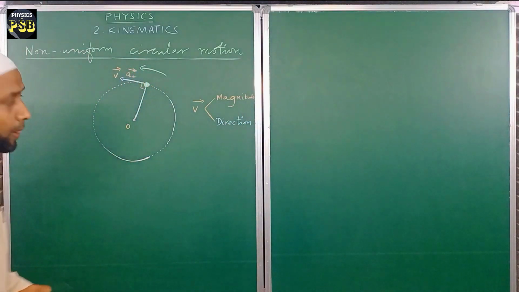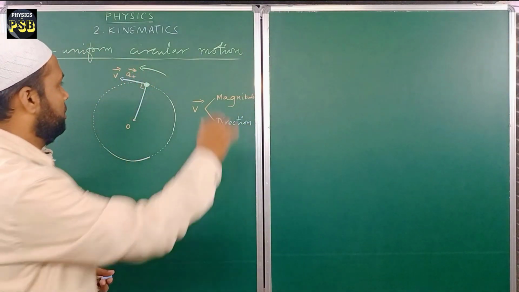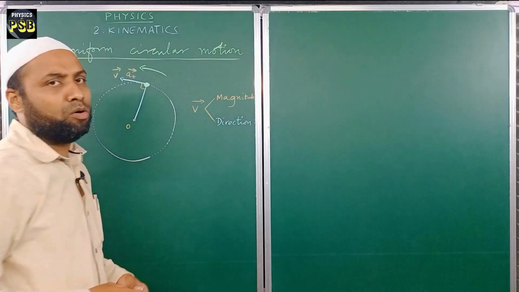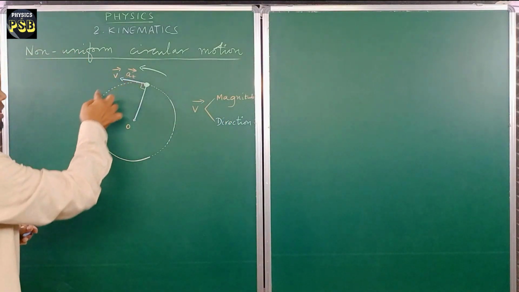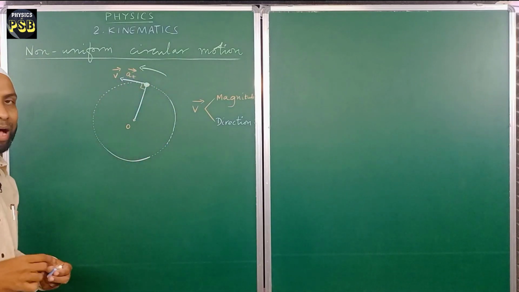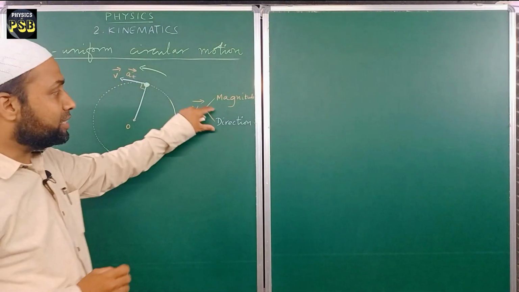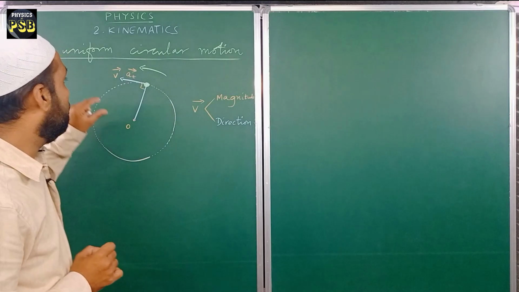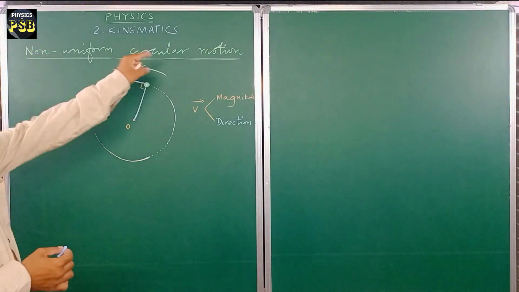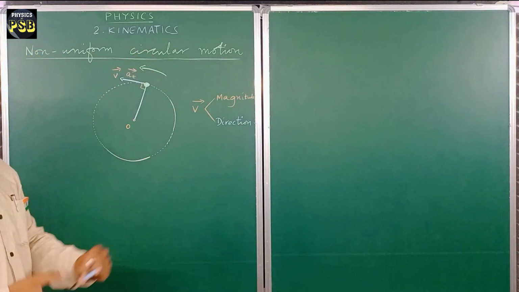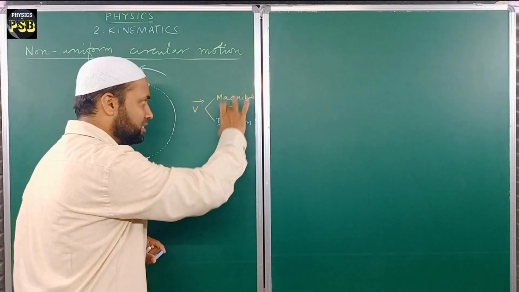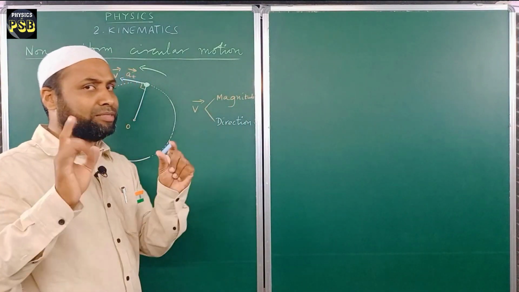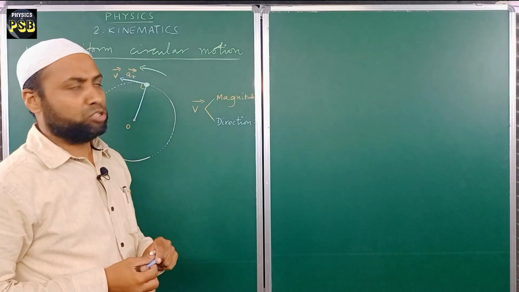If the magnitude of the velocity vector remains the same throughout the motion of the object in the circular path, and only the direction changes, we call such circular motion uniform circular motion. In uniform circular motion, only direction changes, but the magnitude remains the same throughout the motion.